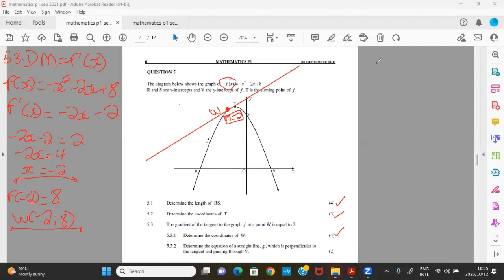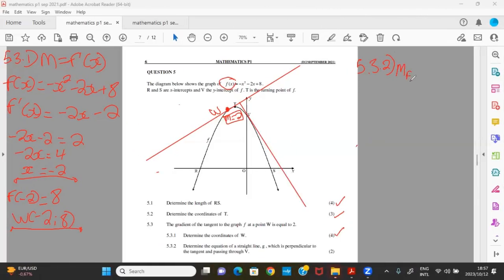And then 5.3.2 now, they say, determine the equation of a straight line g. So they are giving us a new graph g, which is perpendicular to the tangent and passing through V. That's a quick 2 marks.